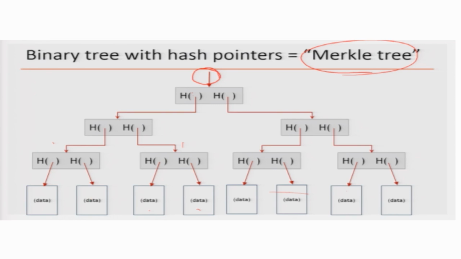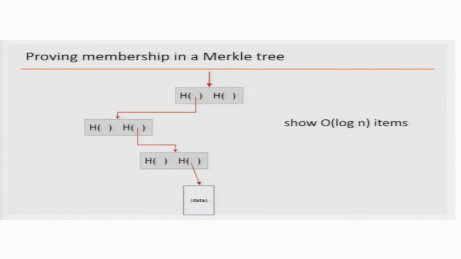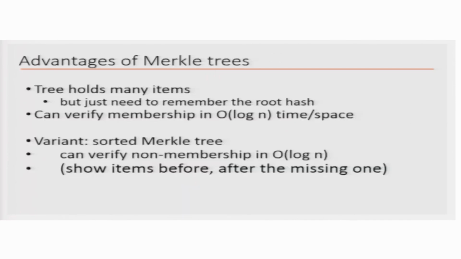To locate a block of data, you need to look at log n items, whereas in a chain you have to look at a linear number of items. And the advantage of a Merkle tree is that with n levels you can handle 2 to the n blocks of data, and you only need n depth, which means logarithmic depth.